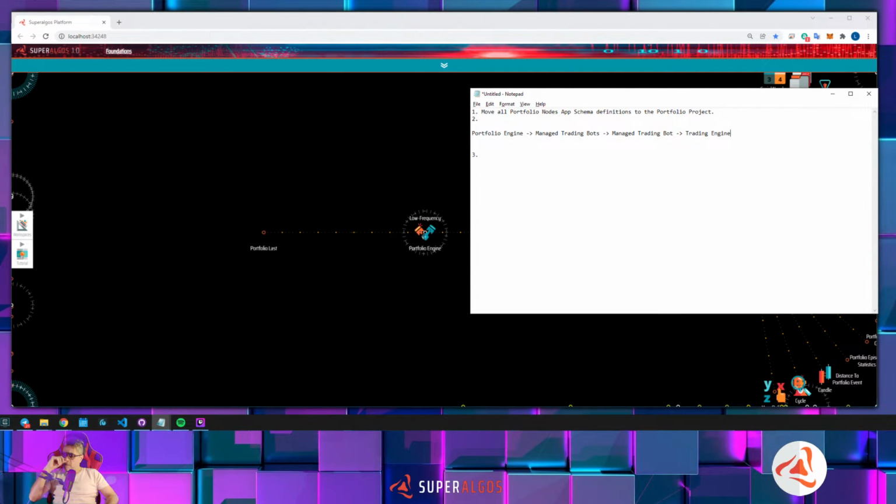Okay, and because the trading engine already exists, it will have all the children that it currently has.